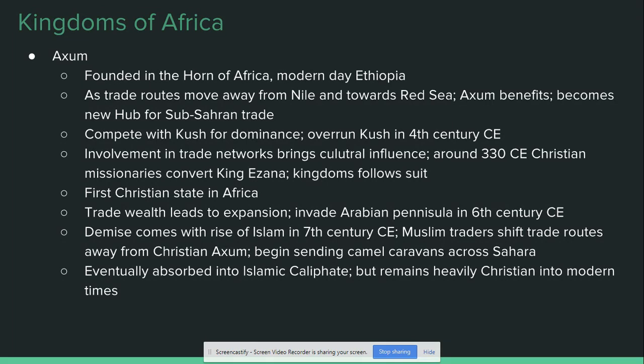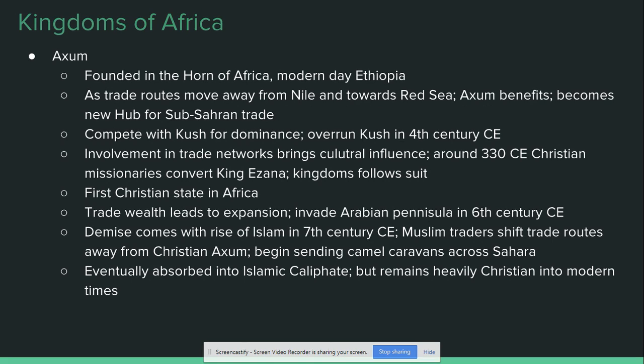In the case of both Axum and Kush, as the trade dries up, as new trade routes develop, as existing trade routes turn away from their civilizations, you see how quickly, and I know it's not quickly, it's hundreds of years, but in the big picture, it's quickly, how quickly the support and the financial success and therefore the military success of those kingdoms evaporates along with the trade.